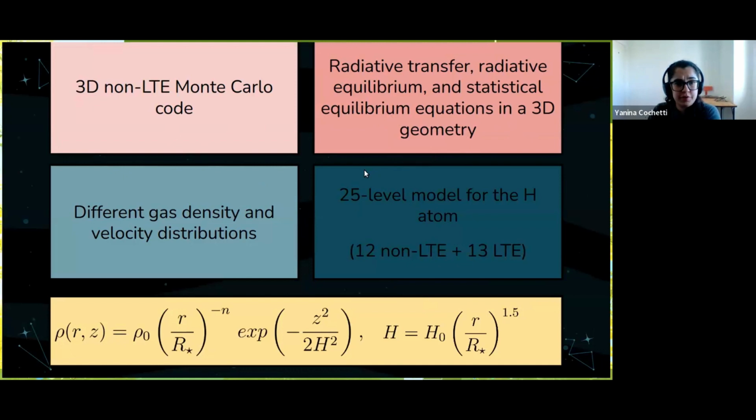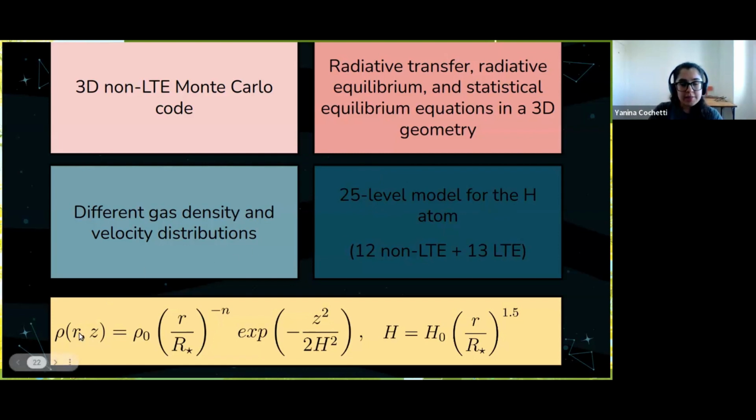You can put different gas density distributions and different velocity distributions for the disk. It uses a hydrogen atom with 25 levels. The first 12 are in non-local thermodynamic equilibrium, and the other 13 are in equilibrium.